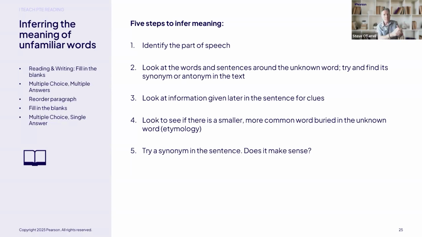Could it be a car? Try a synonym. The automobile has a steering wheel and 4 shiny tires. The car has a steering wheel and 4 shiny tires. That works. So we can start to put in a synonym and see, does that match? And that might help us infer the meaning.